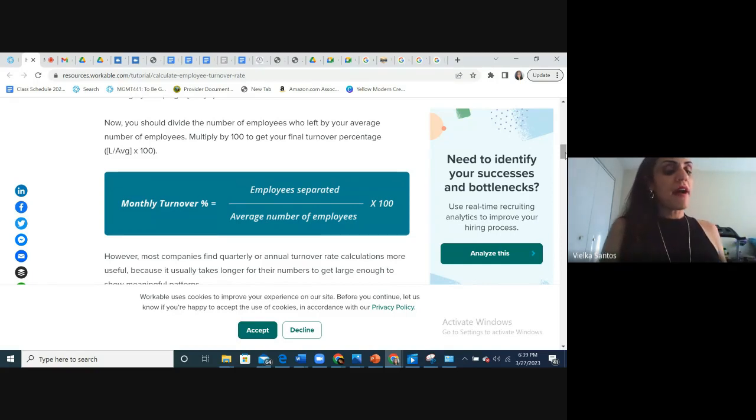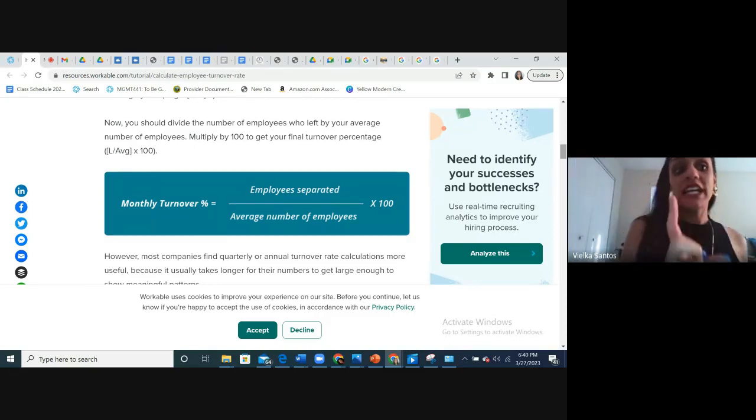This is a real-life example: if I have around 15 employees in this organization, and I lost 7 employees. One of the employees retired.